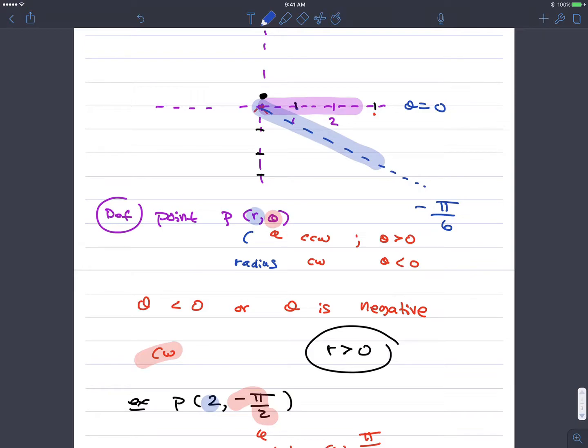So you're going to have to go out 5 dashes now. 1, 2, 3, 4, 5. There we go. Our point is right here. So this is my address of 5 comma negative pi over 6. There. This is radius 1, radius 2, radius 3, radius 4.